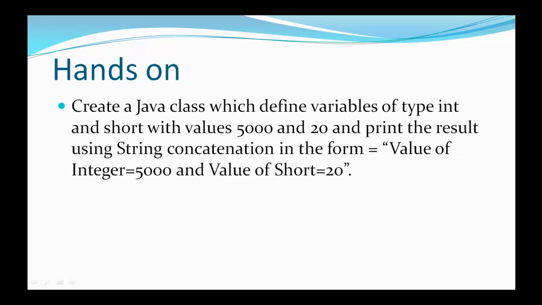You can try the following example as your hands-on exercise. Here you need to create a Java class which defines variables of type int and short with values 5000 and 20 respectively. You need to print the result using string concatenation in the form of value of integer equals 5000 and value of short equals 20.